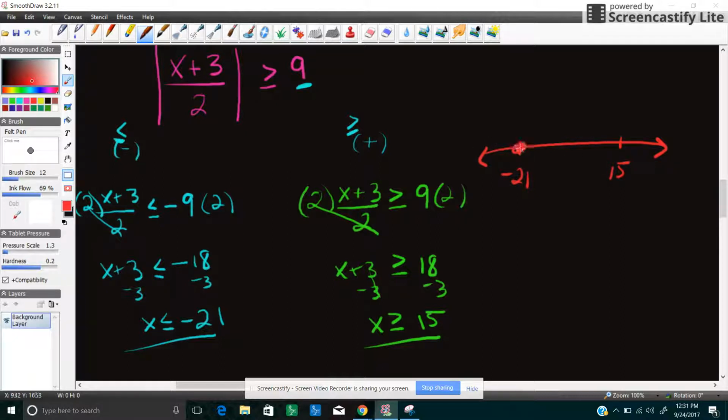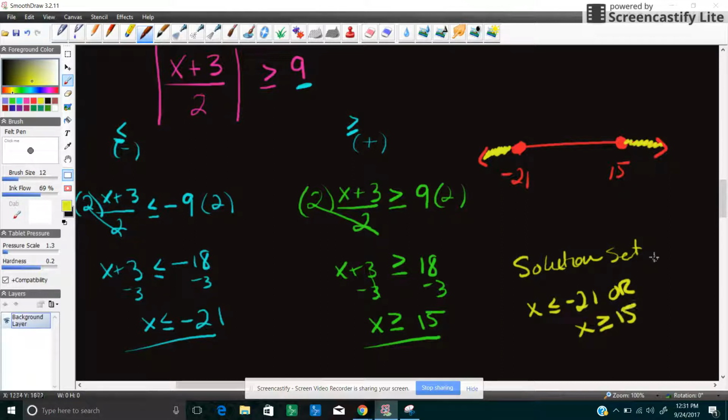These ones are closed circles because of that line. X is less than or equal to negative 21, which means I'm shading to the left. X is greater than or equal to 15, which means I'm shading to the right. So our solution set is x is less than or equal to negative 21 or x is greater than or equal to 15. So this is indeed a disjunction.